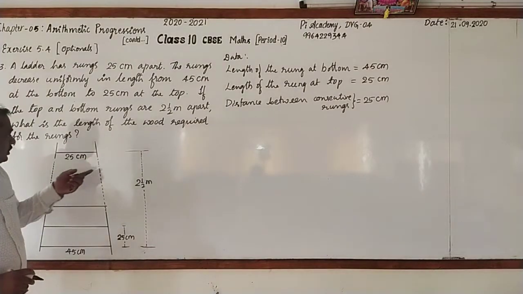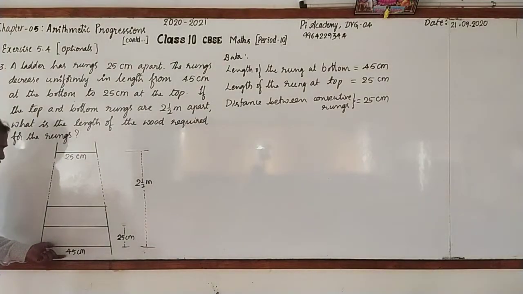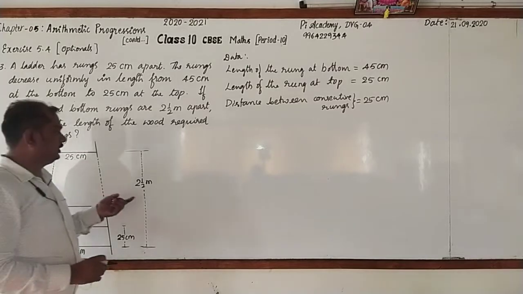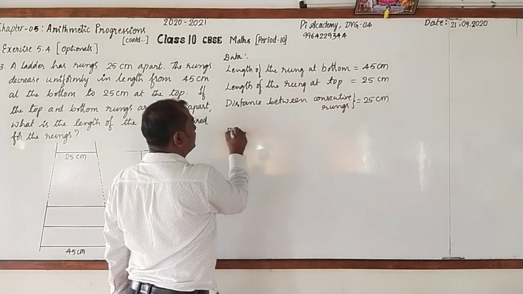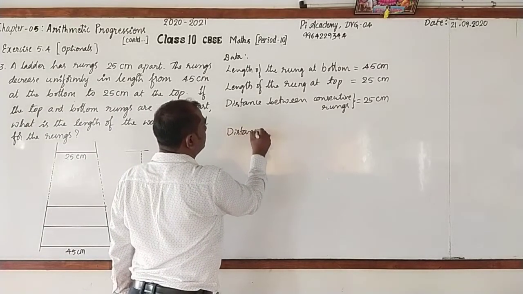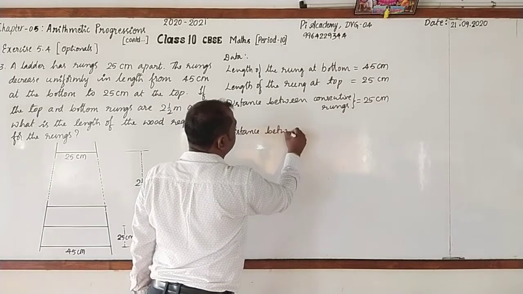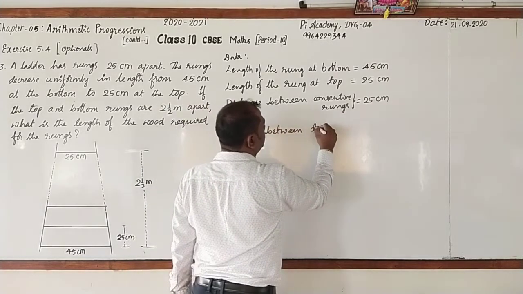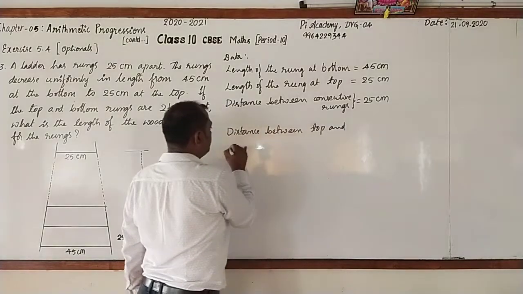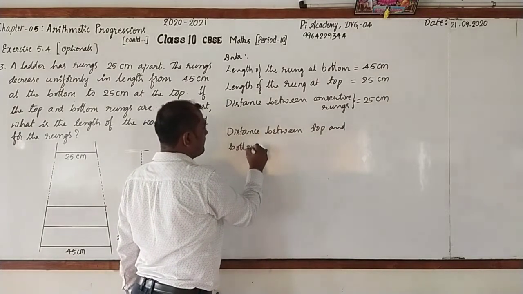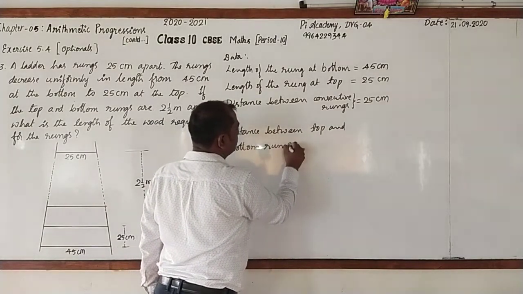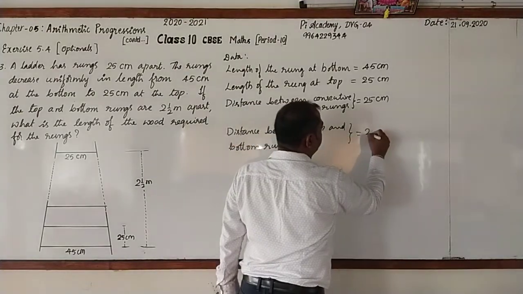Then the distance between the bottom rung and the top rung, it is 2.5 meter. Here I will write distance between top and bottom rungs. How much is it? 2.5 meter.